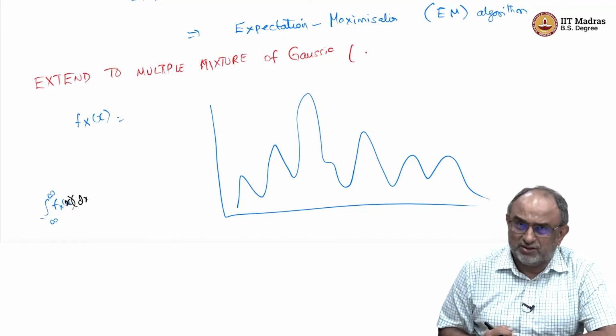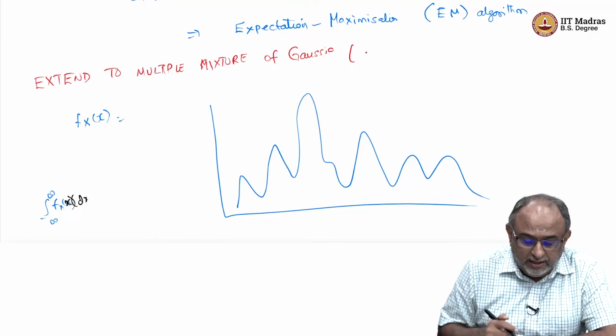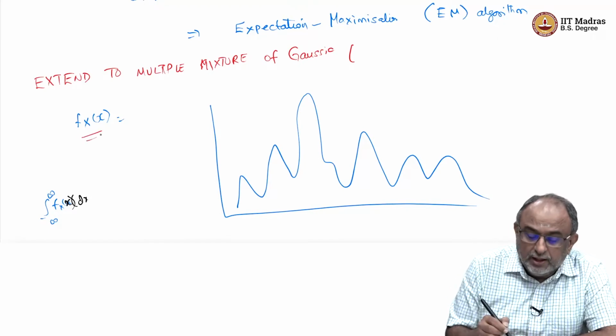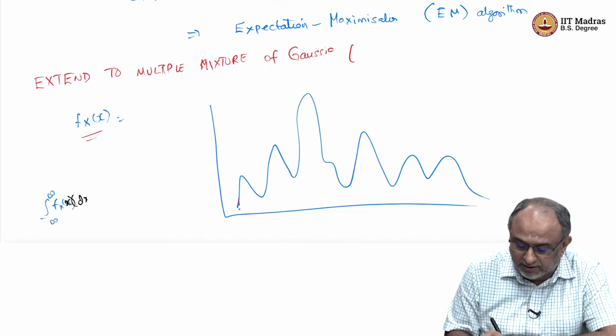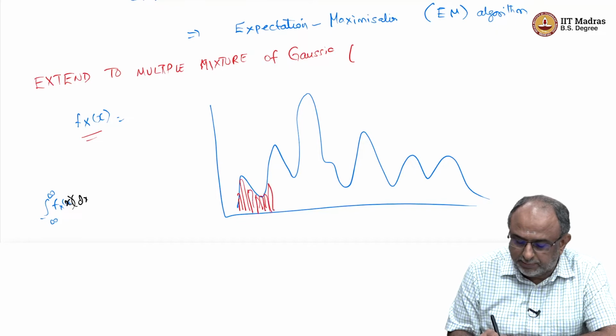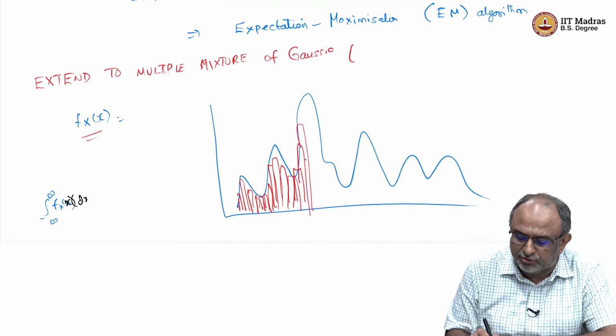So, why will such cases arise? Let us say I have a distribution and I did my histogram analysis like the table. The table looks something like this. If I made tens of thousands of measurements, I got something like this.